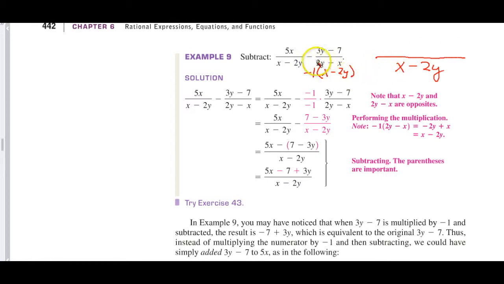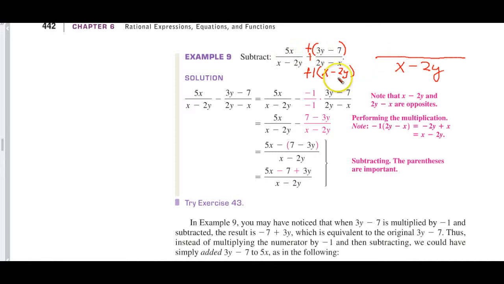Now, notice I could go like this, make this a plus, put the negative up there that we did before. Now, an interesting thing happens. I have a negative divided by a negative. So what's going to happen here? This will become a positive now.